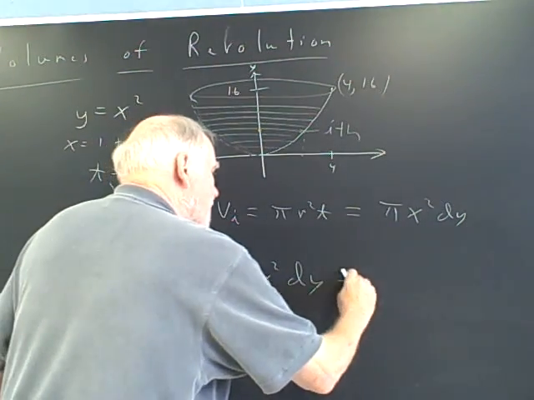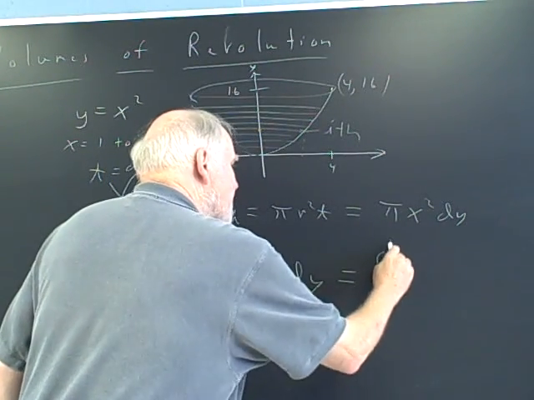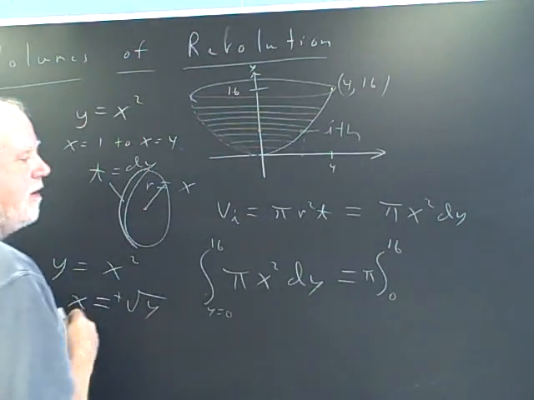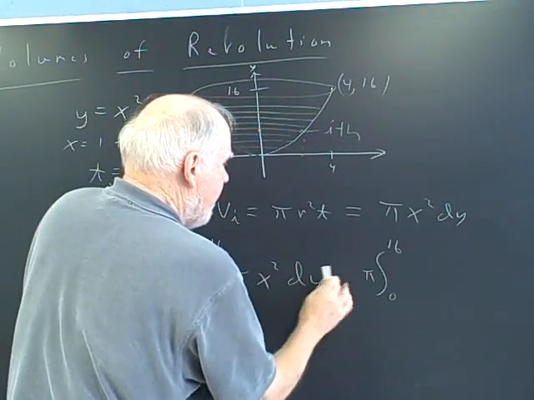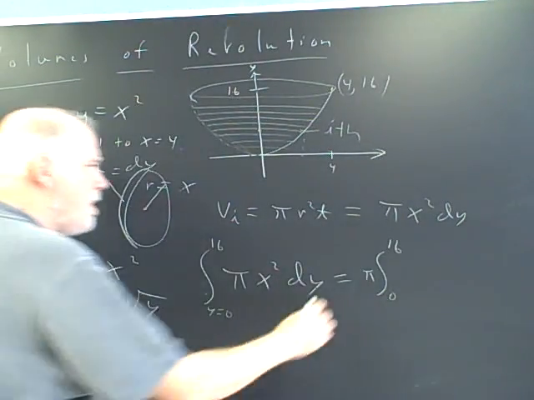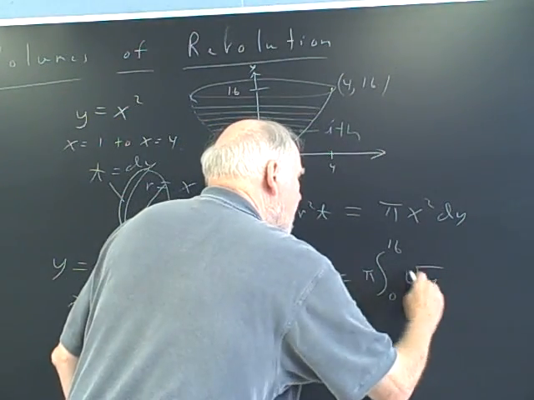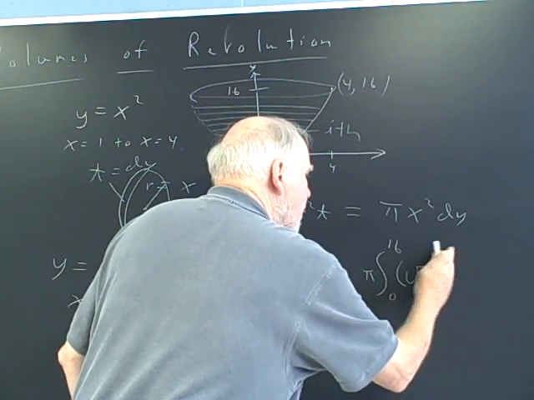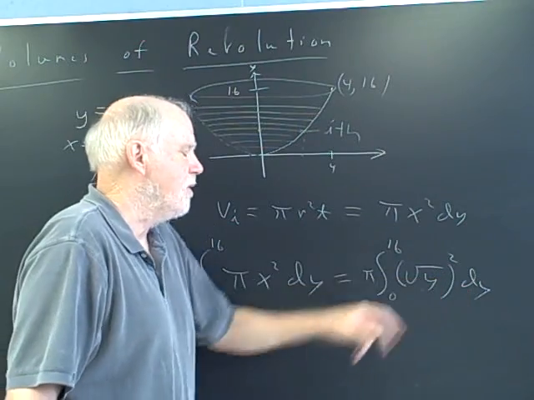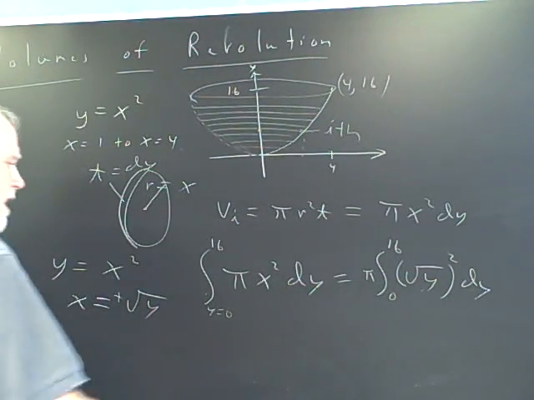So now we can write this as the integral from 0 to 16, bring pi out front, of the square root of y squared dy. Now we're fine because we're integrating with respect to y, and our variables inside are y.